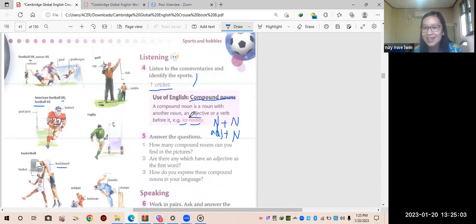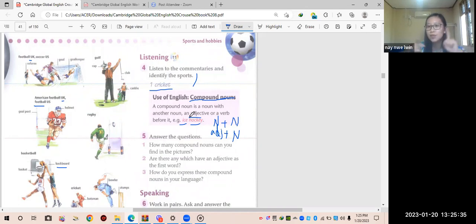Smartphone, right? So that is now adjective, noun, compound noun, right? So smartphone, software, hardware, right? Greenhouse effect, right? Greenhouse. New plus generation, new generation, right? So I think new generation is also a noun phrase. It is not a compound noun.